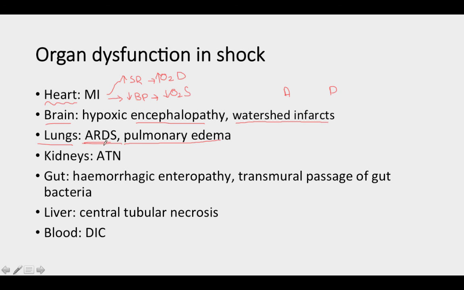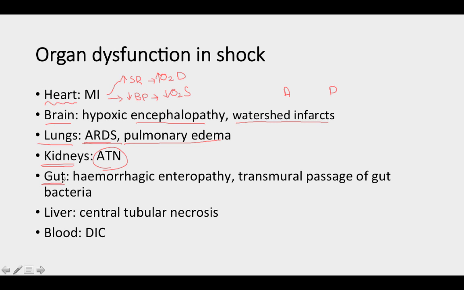That's a whole topic in itself, a very difficult entity to manage in the ICU with a very high mortality to this day. If you have hypoperfusion of the kidneys, the first part of the kidneys that gets affected are the tubules, and the tubules are very metabolically active in the kidney. They have a lot of pumps, and so you have acute tubular necrosis.